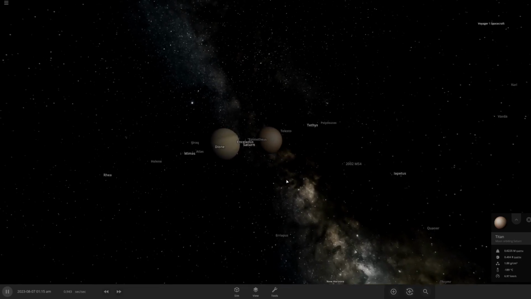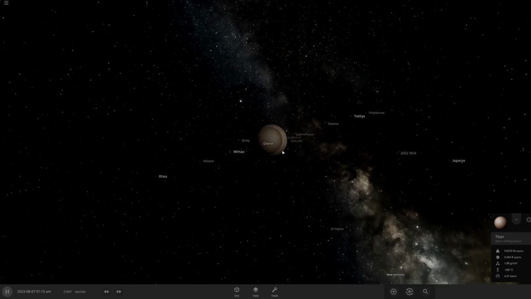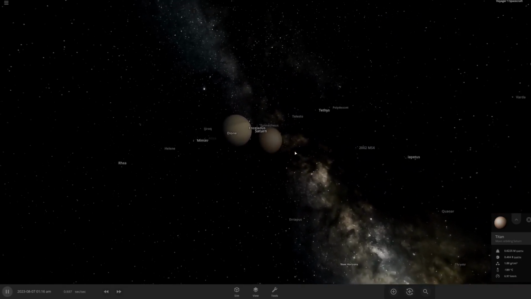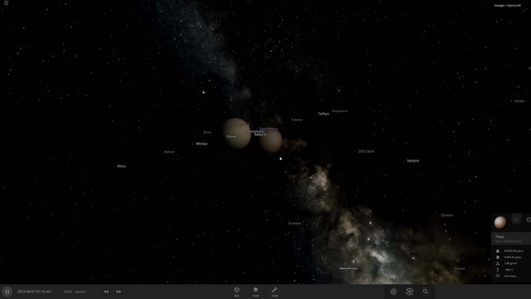Titan, similar to Ganymede, is about 40% the radius of Earth, but still only 2.2% as massive as Earth. Titan is made up mostly of light rock and liquid methane.